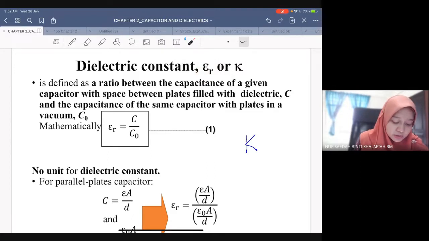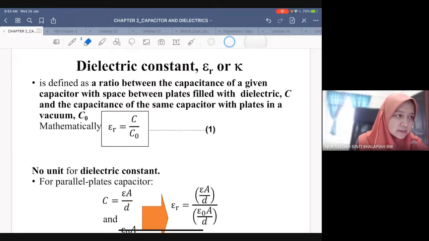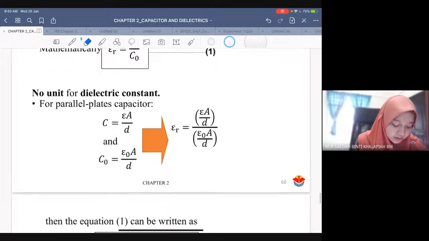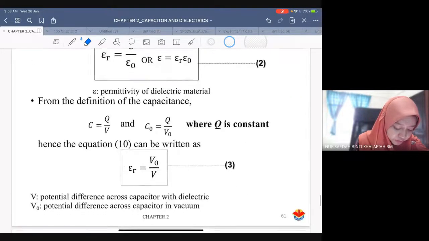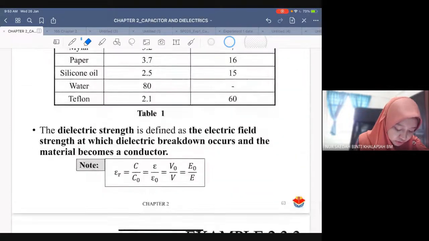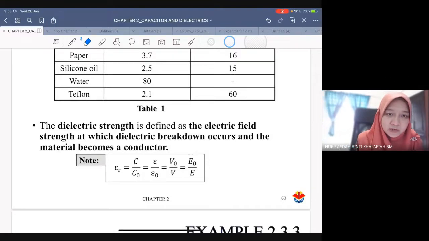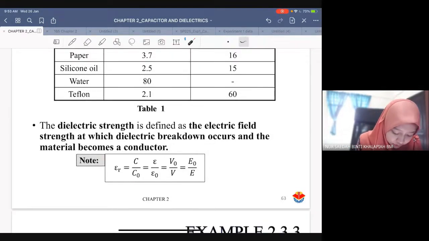Okay, so yang penting untuk dielectric constant according to learning outcome adalah formula sahaja. Okay, so ini adalah derivation of formula of dielectric constant. So madam nak terus pergi kepada kesimpulan daripada derivation tersebut. So ada 4 formula for dielectric constant.